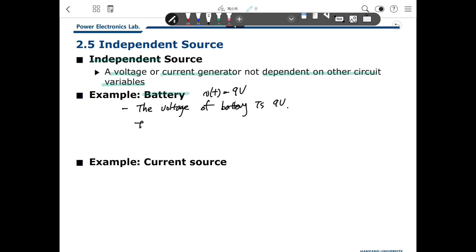In this case, the current of the battery is not known and depends on the circuit.